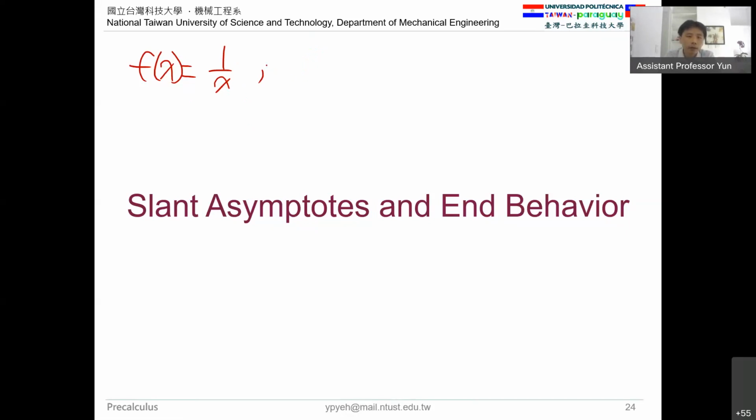From this function, we could find the vertical asymptotes and also the horizontal asymptotes.